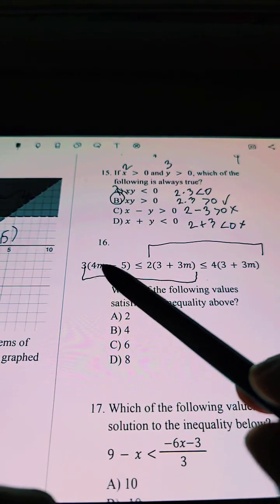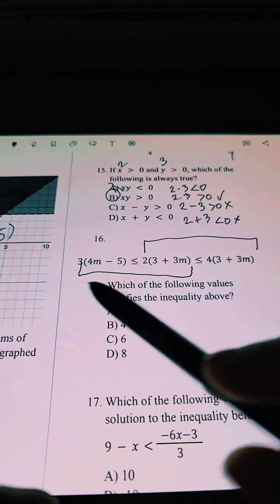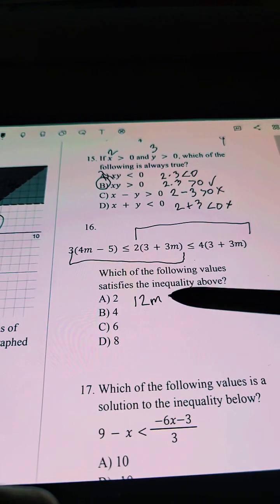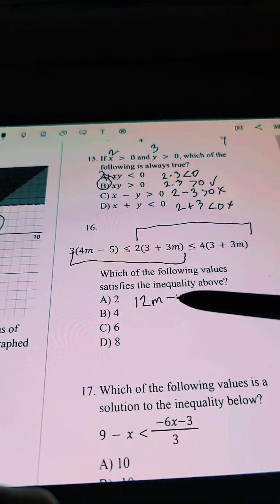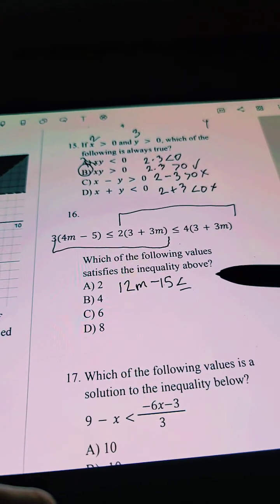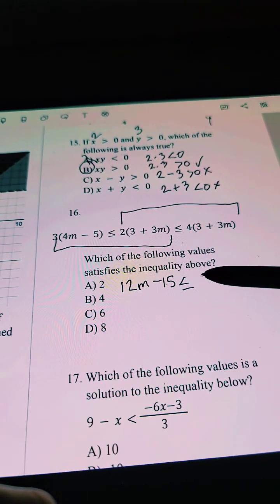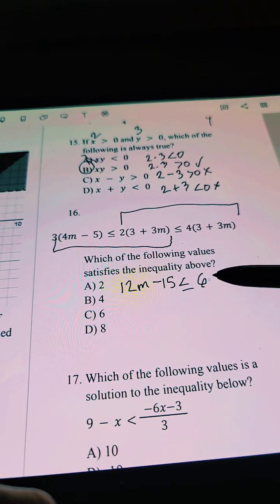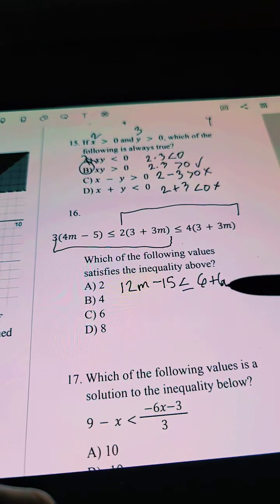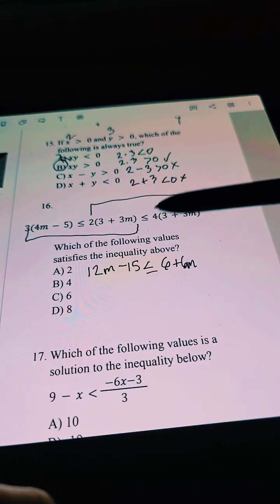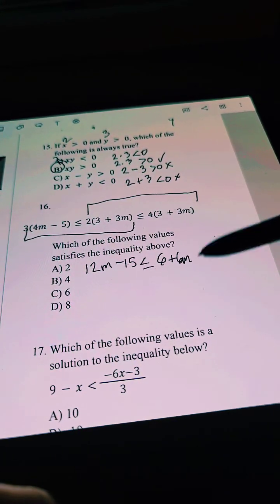I'm going to distribute the 3 to each of the terms in parentheses. So 3 times 4m is going to be 12m. And then 3 times negative 5 is negative 15. That's going to be less than or equal to 2 times each of the terms in parentheses. So 2 times 3 is 6, and then 2 times 3m is going to be 6m. And then now I just have to solve for m.